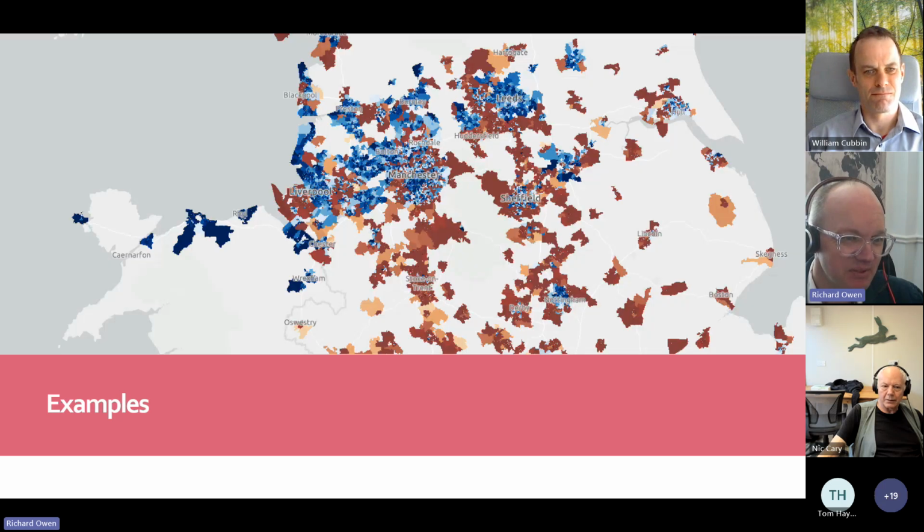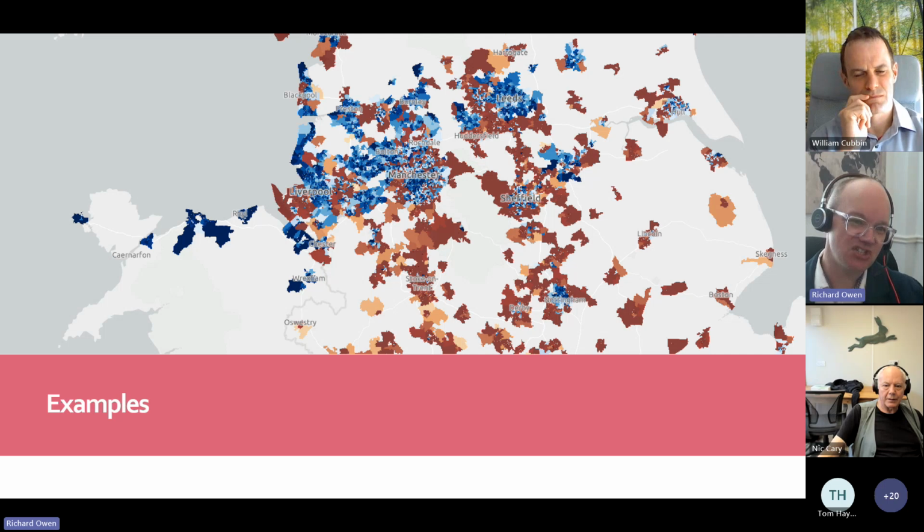Here is another example of a map that perhaps is a little bit fussy and overcomplicated. It is trying to analyze where 20 miles per hour limits are. I haven't included a key on this, and I've got two different types of data overlaid. Because it's zoomed out at such a level, yes, you can kind of get an idea.